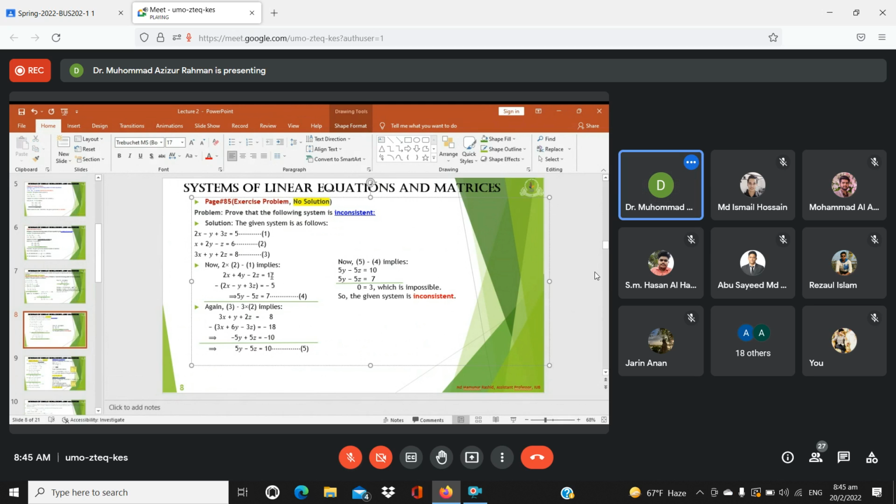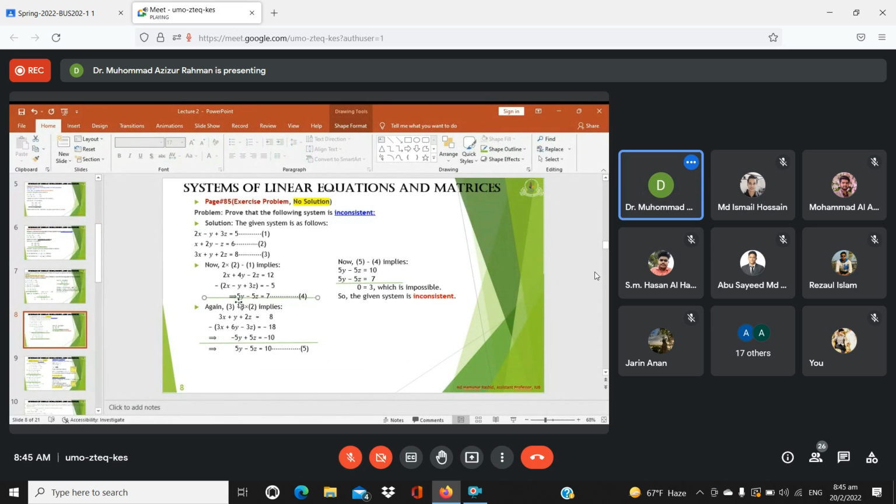And we kept equation 1 as it is: 2x minus y plus 3z equals 5. Now we subtract, so this line should be here.